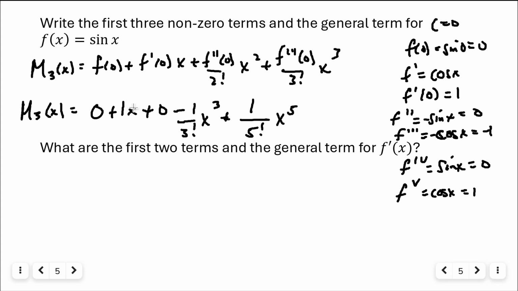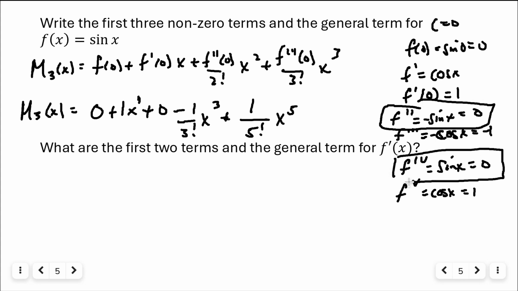Now, the general term, you can see what's happening. We're doing only the odd powers, right? So x to the first, x to the third, x to the fifth, they're all in the game. All the even powers are out because the derivative of sine, the first time you find the derivative, gives you cosine. So it keeps in the odd powers, right? The odd derivatives. But then f double prime will be back to sine again. That'll be 0. The fourth derivative is back to sine again. That's again 0 when you put 0 in.